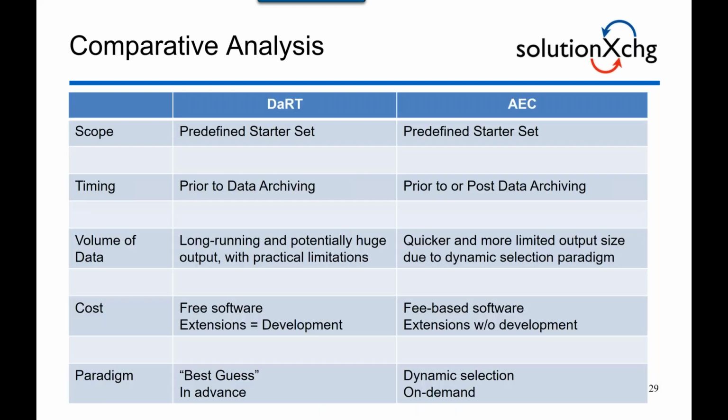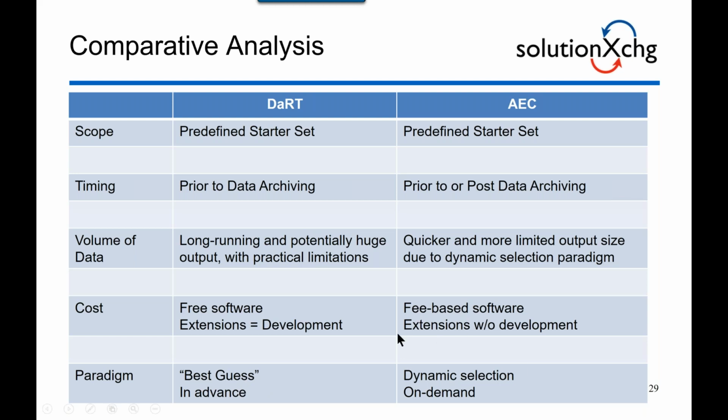So our final view is trying to put those two main components into perspective and looking at their strengths and weaknesses. And as you've heard, the paradigm is one of the biggest ones, which is the best guess versus dynamic selection as the requirements are in front of you, has a significant benefit and reduces risk of not being able to deliver on time what has been requested.